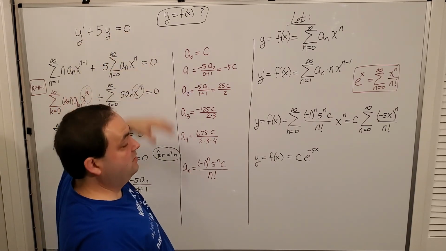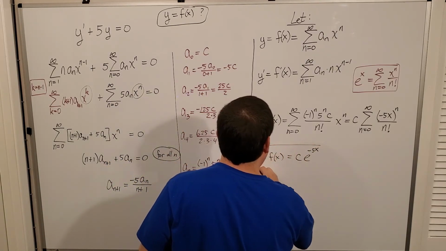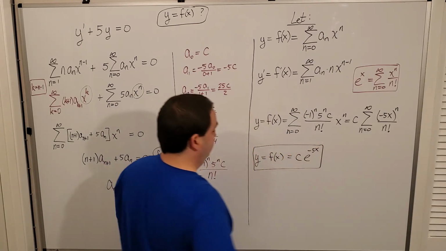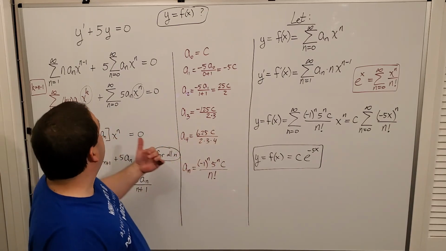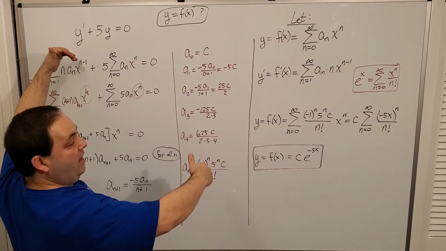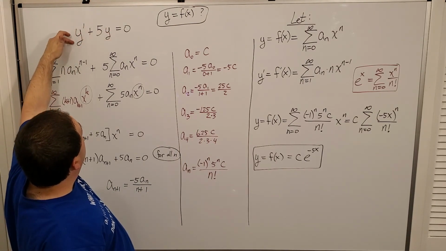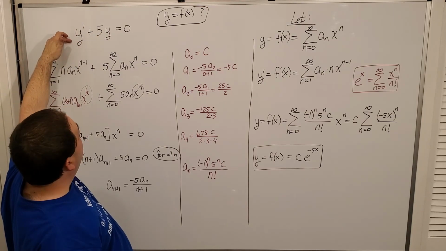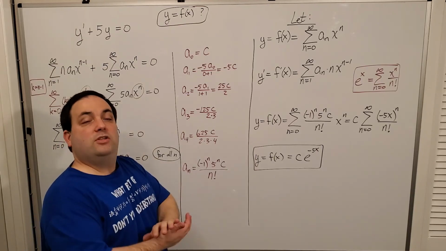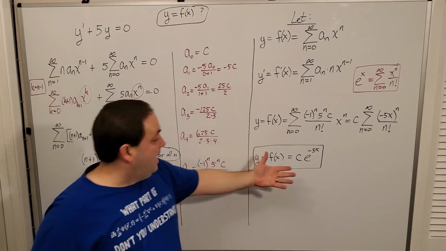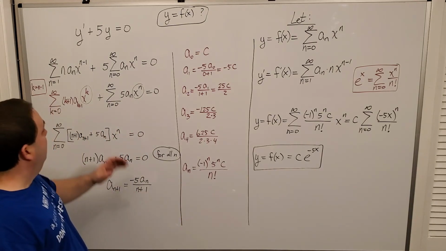Another way would be to solve it more directly, but notice I now have an actual solution to this. That is a function where if I took the derivative, I would get negative 5 e to the negative 5x. And so these two would both have the e to the negative 5x, but one would be negative 5, one would be plus 5, and it would actually equal out to 0. So this does actually solve that particular differential equation, okay?